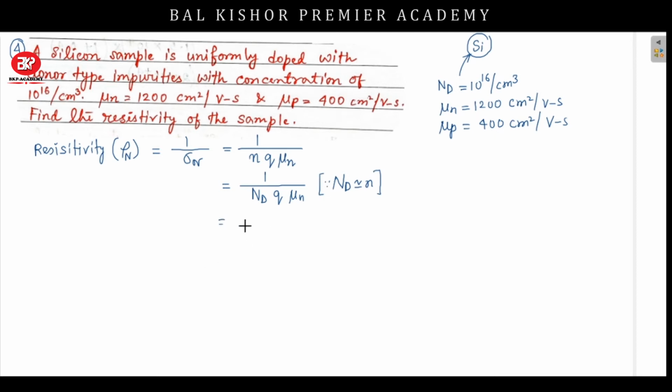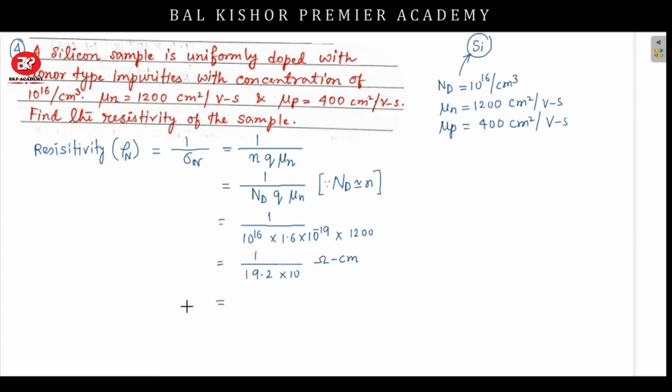So if I put the value of Nd, Nd value is given by 10 to the power 16. Q value we know, that is 1.6 into 10 to the power minus 19, and mu n value is given as 1200. So if we calculate it, we can find the value of resistivity, and the resistivity value will come out to be 1 by 19.2, in ohm centimeter.